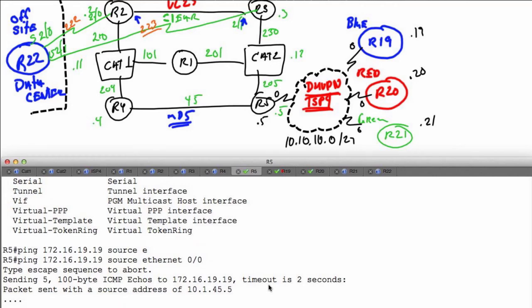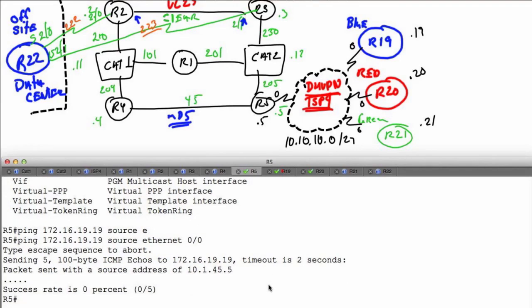So the question now is why isn't this working? I know I'm not advertising any of these prefixes to R19, R20, and R21, which is why it's not working. But the question is why am I not advertising any information out that link?